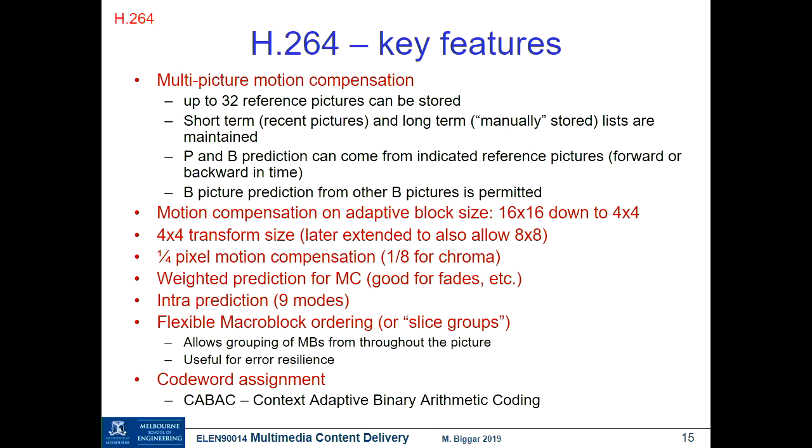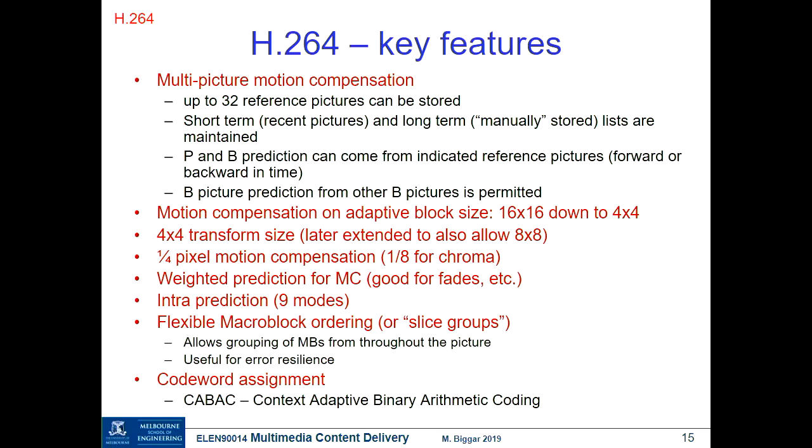But how do you test all these options to decide which pictures go into this manual store? Up to H.264, and as we have discussed earlier, B pictures were never used to predict other pictures, but this condition was lifted at this point. So again, just providing flexibility. If you want to predict other B pictures from some B pictures, then you can do it.